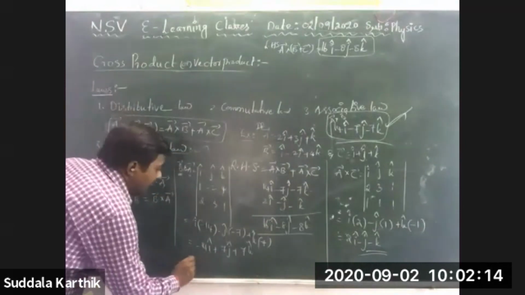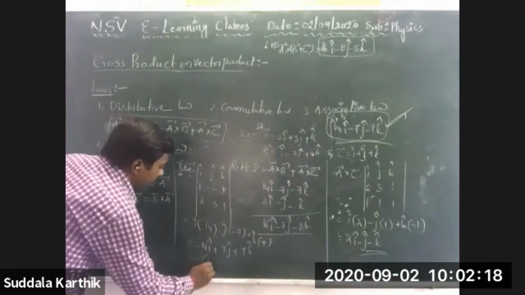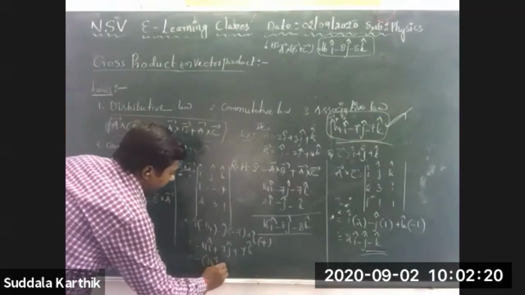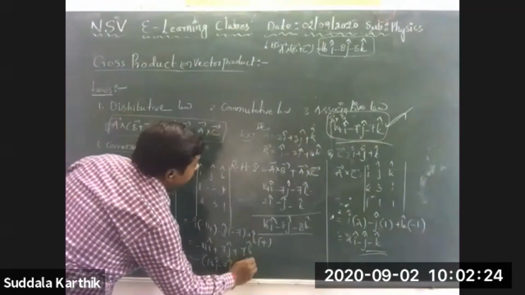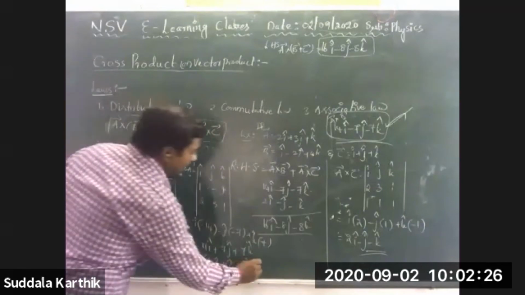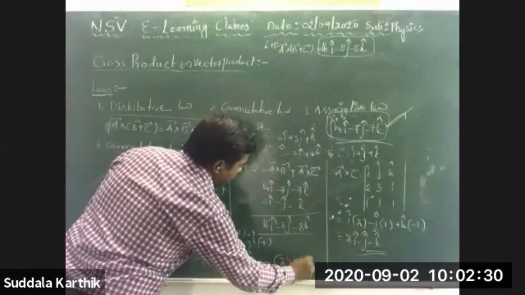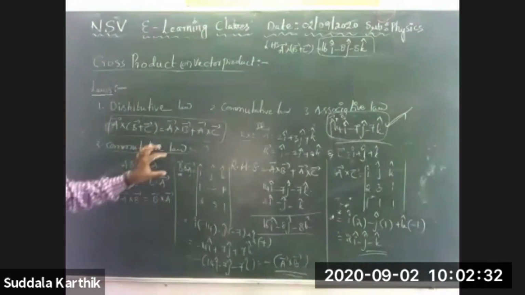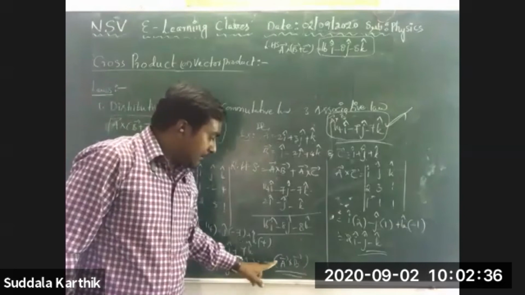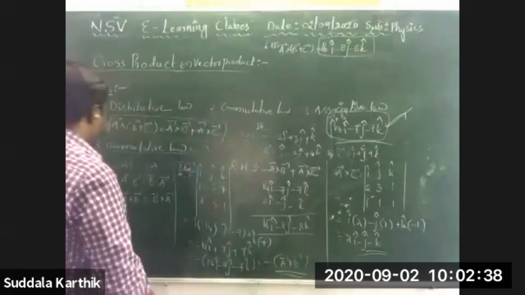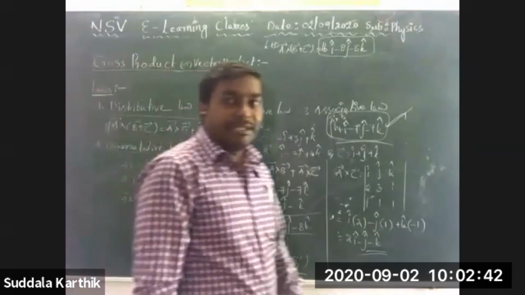I am taking minus common: 14 i cap minus 7 j cap minus 7 k cap, which is A bar cross B bar. What I have taken is B bar cross A bar, and what I got is minus A bar cross B bar. So it is not obeying the commutative law.